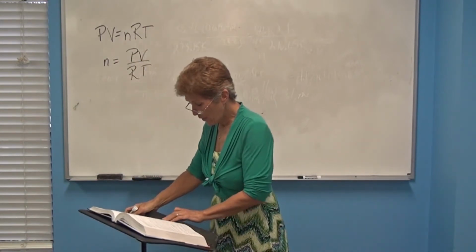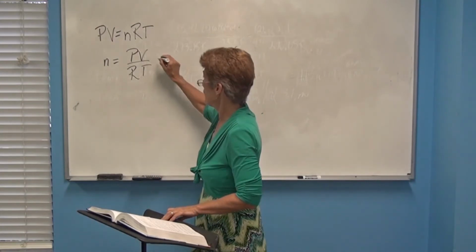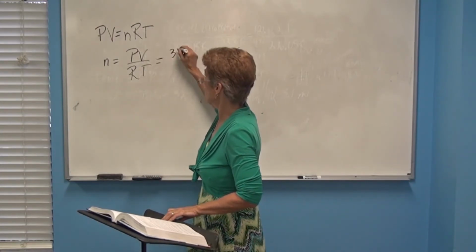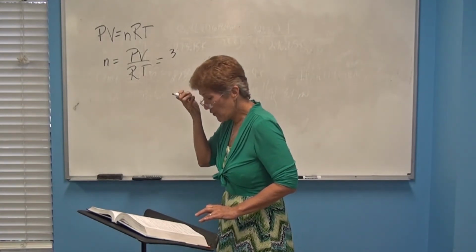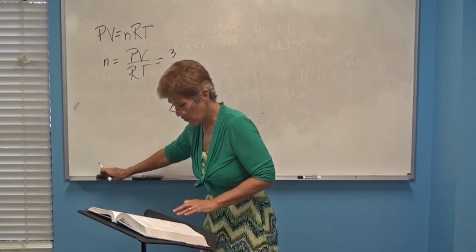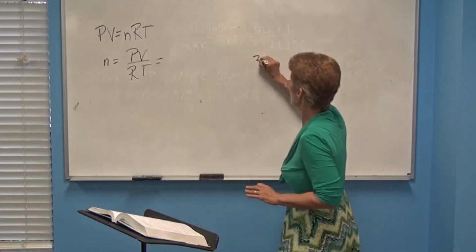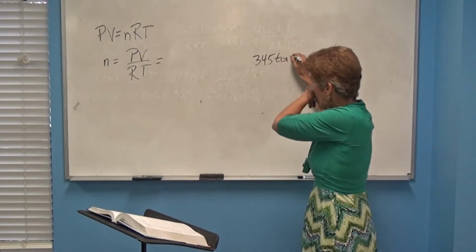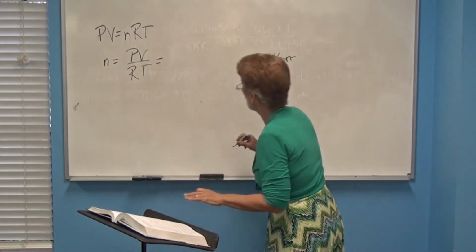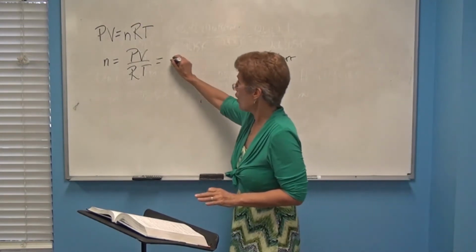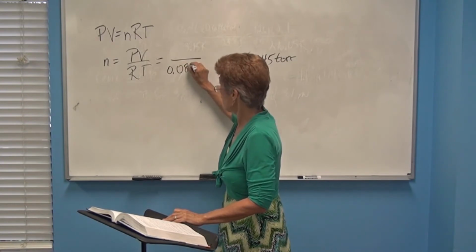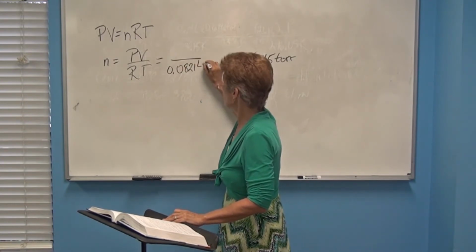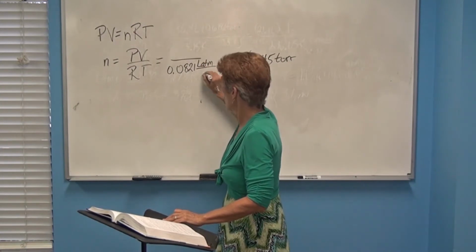We are given the pressure. R is in atmospheres, so I'm not going to put the torr in there. It gave us 345 torr for the pressure, but R is going to be 0.0821 liters atmospheres per mole Kelvin.